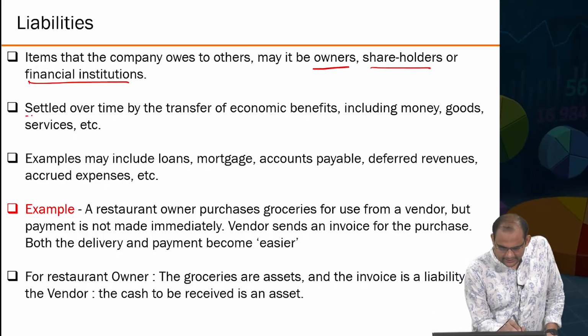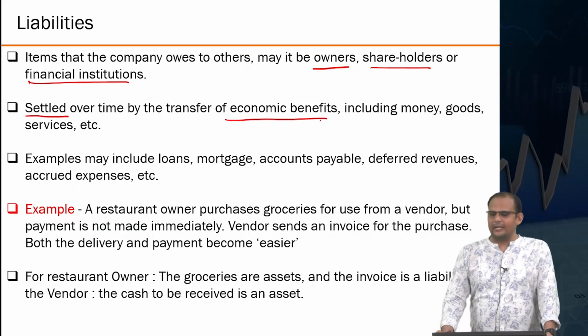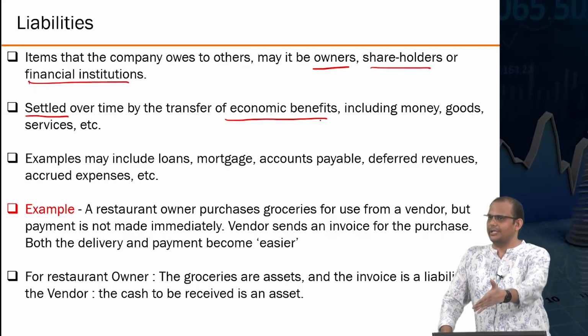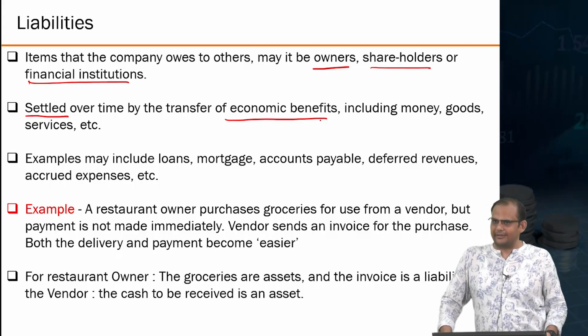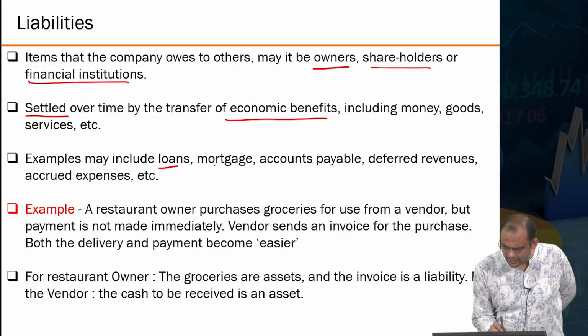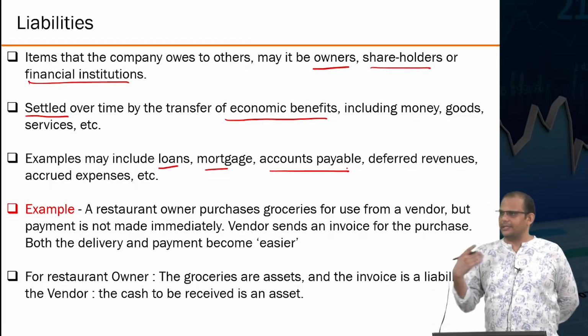So you need to settle liabilities by transferring some of your economic benefits. If you're generating profits, you repay some of that profit, or settle with some sort of money, goods and services. Examples may include loans, mortgages, and accounts payable. Accounts payable is something you need to pay.